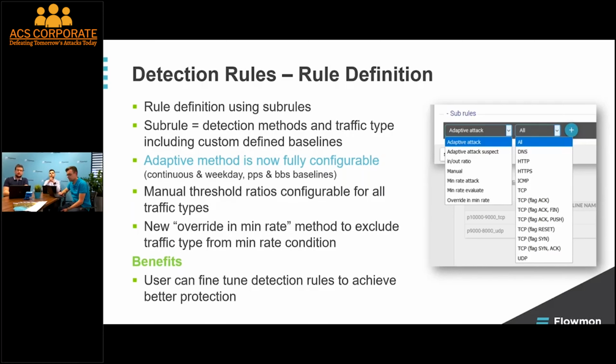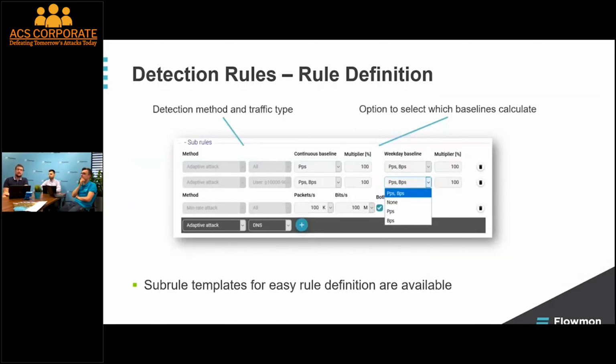Here in this picture we have an example of the adaptive method, which uses all traffic to detect attacks, and then there are other options to configure the subrule.